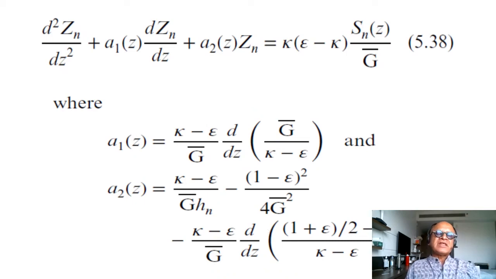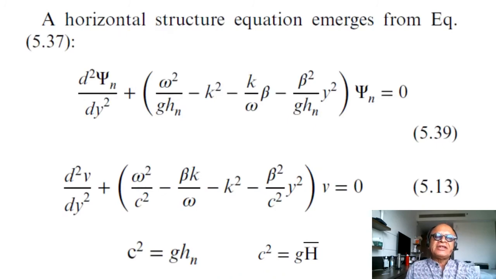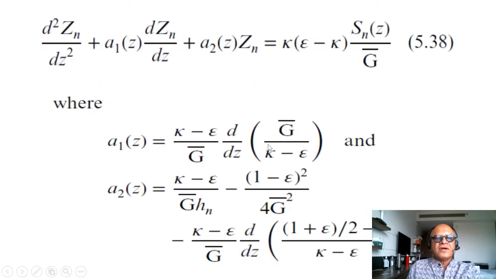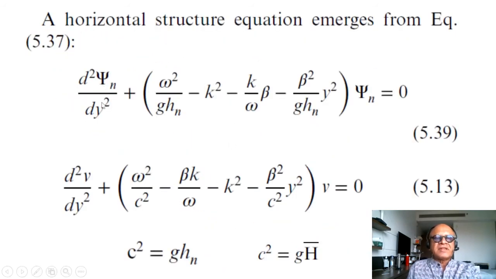Okay, so we are basically, just like we did before, replacing H and U with just Vy. We're going to replace U and the forcing with the vertical structure and meridional structure functions, and then look for their coupling. So the horizontal structure equation that emerges out of this equation is this one: d squared psi n over dy squared plus this expression here, which is full of dispersion relations of the waves, times psi n equals 0.